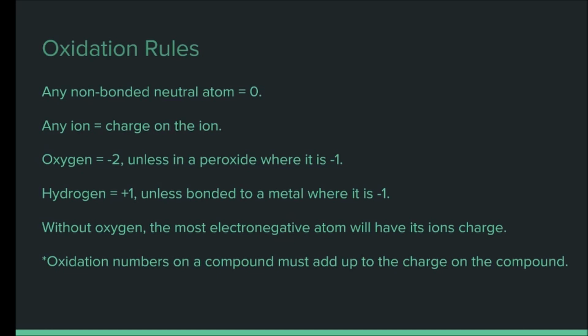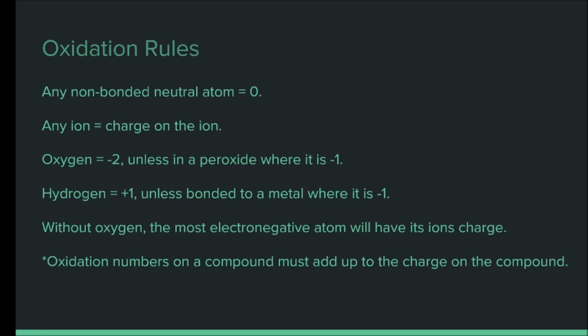Oxygen in most compounds has an oxidation number of -2, which it usually ionizes into. It's only going to be -1 if it's in a peroxide. Likewise, hydrogen is pretty much always +1, like its ion, unless it's bonded to a metal, then the oxidation number is -1. And in the presence of no oxygen, the most electronegative element, like fluorine, will follow the oxidation number for its most common ion. Again, fluorine would be -1.